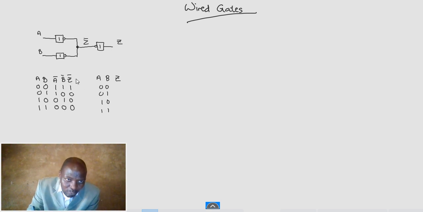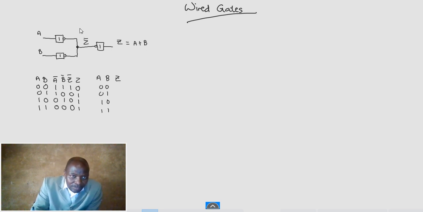It means if you place an inverter now, our Z will have to be the opposite. Now you can see that our output responds to the highs of the input. Our output now responds as a normal OR gate. So this here becomes Z is equal to A or B.